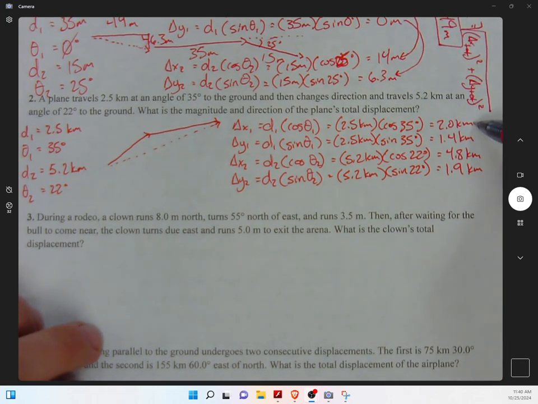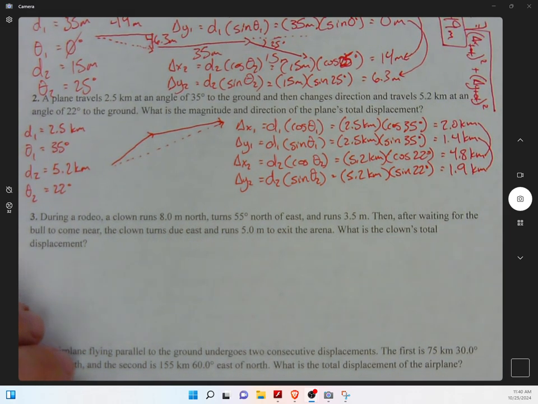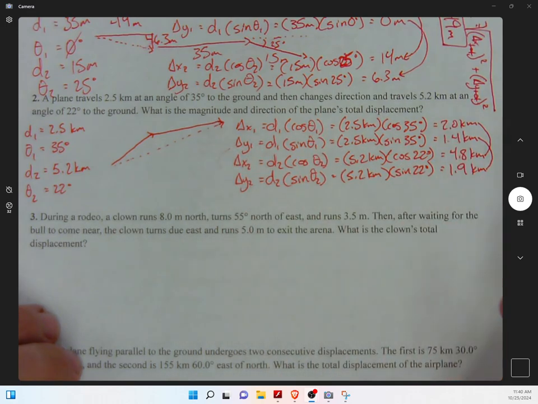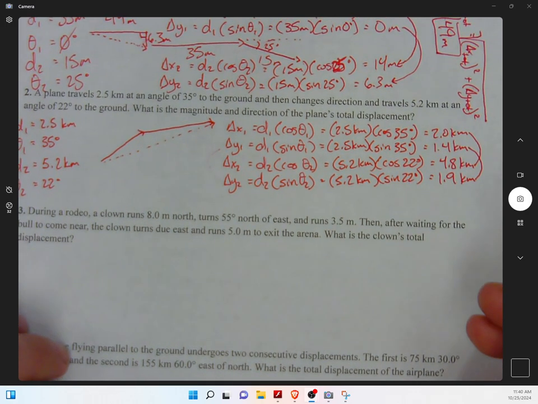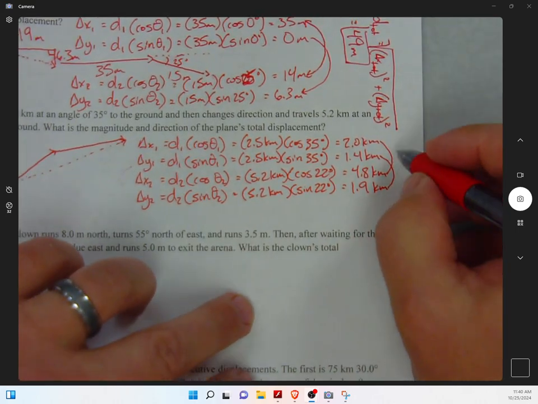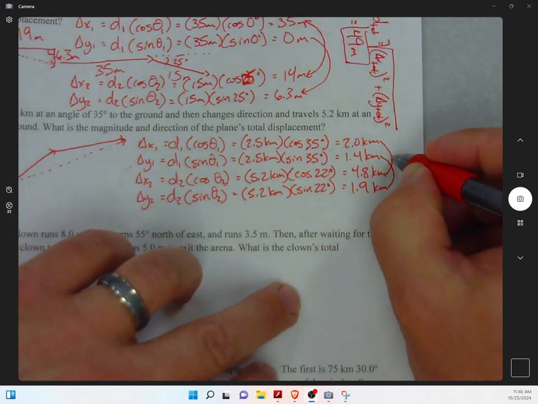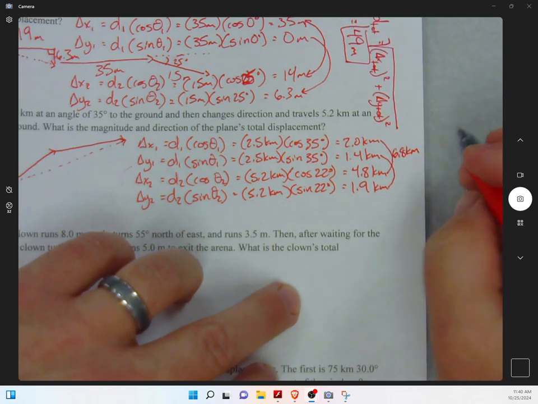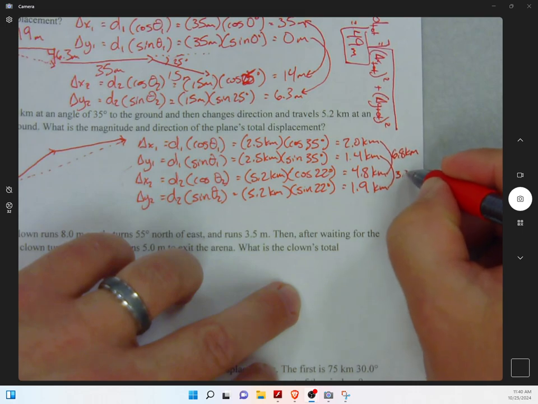So I have two x components and two y components. If I simply add the x components together, I get an x total. If I add the y components together, I get a y total. And that will allow me to build a right triangle. So let's see, what do these actually end up being? My x's add up to 6.8 kilometers, and my y's add up to 3.3 kilometers.